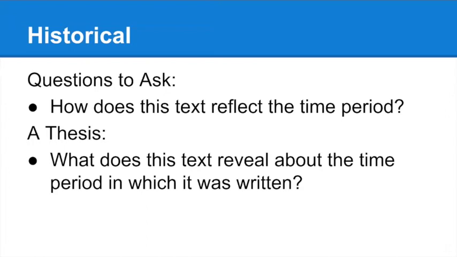You could do psychological and gender. Really, all of the lenses work really well together. It just depends on the text, so you need to find which pair works best for that text, or which pair is going to be the easiest for you to analyze for that text.